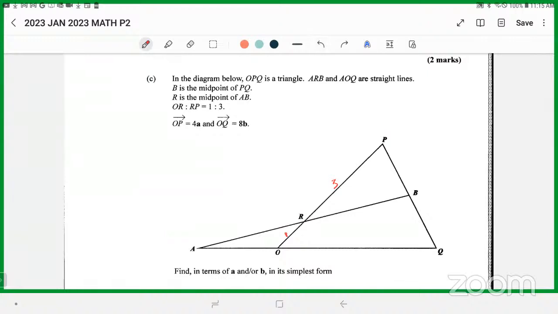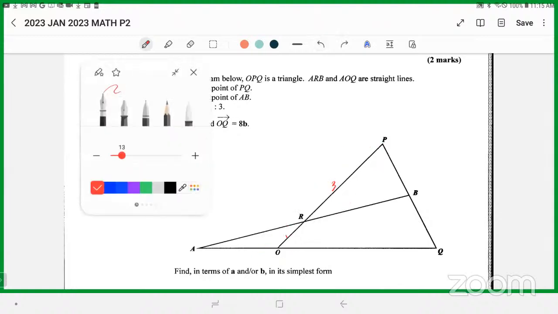And so it means that this piece is 3/4 of the whole line, and this piece is 1/4 of OP. So this is 3/4 of OP, that's right here, this piece. And down here now is 1/4. And so we can actually write that information since we deduced that from the ratio, 1 to 3, 4 total parts on the line.